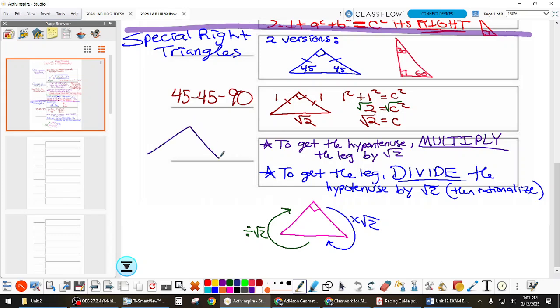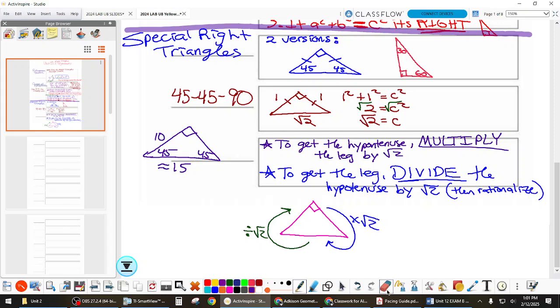So if we have this 45, 45, and we know that this is 10, this is roughly 1.5 times that, which is, what's 1.5 times 10? Roughly. 15, right? 10 plus 1/2 of 10.